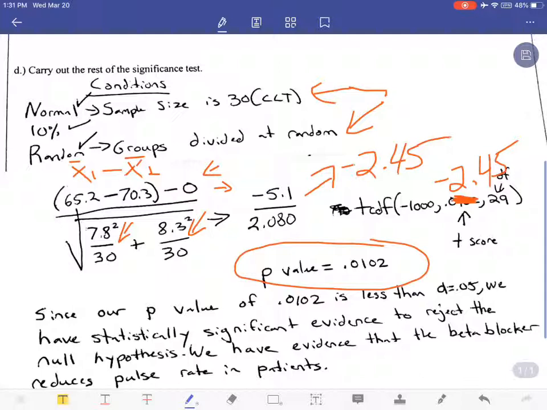So before you go on to the next practice problem, make sure you really spend time on those calculations. Try to do them on your own to make sure you understand exactly what happens in each spot. Also, notice how I put the calculator command on my paper, my shown work, and you want to make sure that you label your t-score and your degrees of freedom right here.